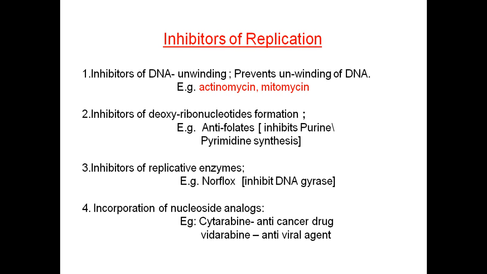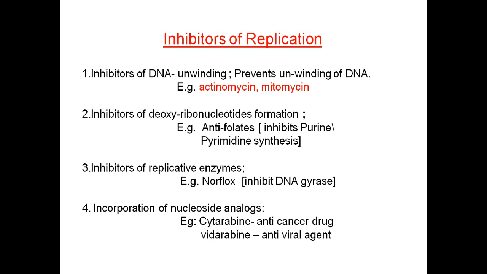That salvage pathway is helpful for the formation of nucleotides. So by preventing the formation, you can inhibit the replication because the availability of dNTPs is the most important requirement for DNA replication. Examples include antifolates. These antifolates inhibit purine and pyrimidine synthesis, so they act as inhibitors for the formation of dNTPs.